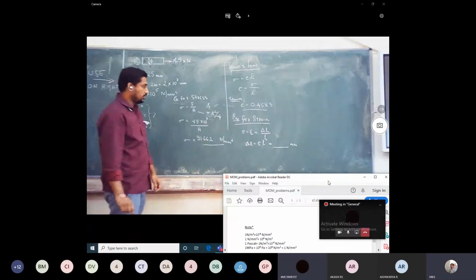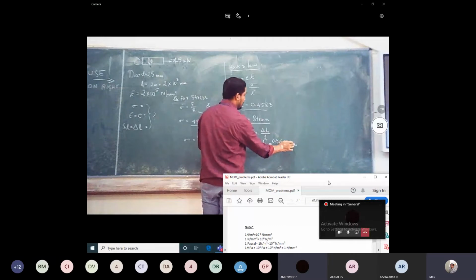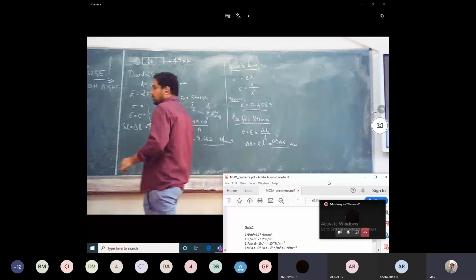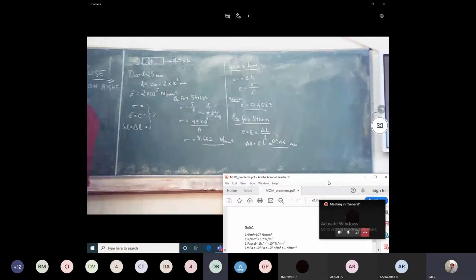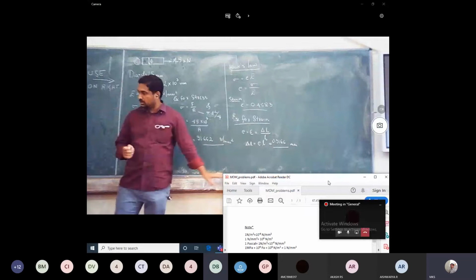What is the change in length? 0.9166 meter, into 10^3 mm. No, it looks like 0.9166 mm, check once. Yes, sir. That is 0.916 mm.